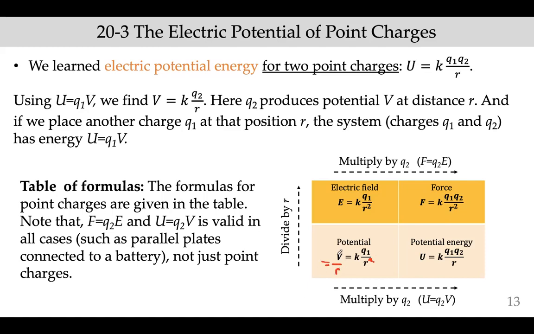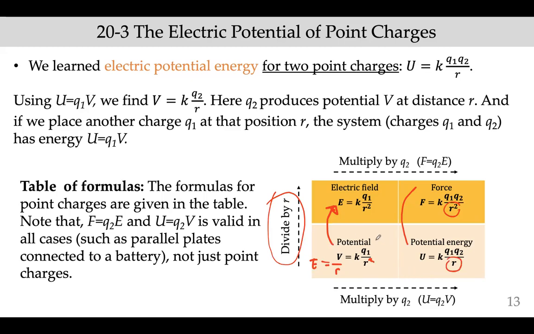So V divided by distance is electric field. You find electric field by just dividing potential by R. And again, if you want to go from potential energy to force, you again divide by R. As you can see, the only difference is in the denominator.